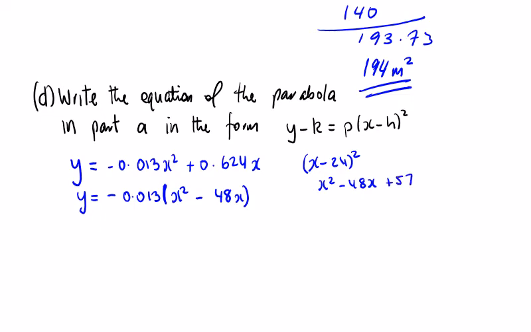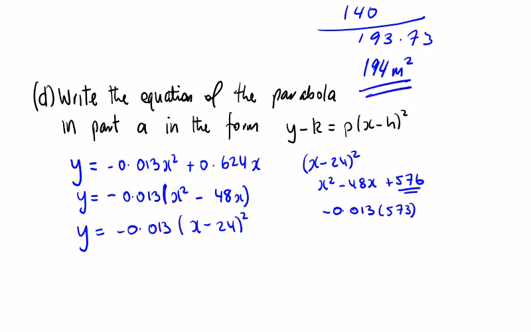plus 576. So we don't want to change our equation's value, so if we say y is equal to minus 0.013 times x minus 24 to be squared, the only thing that's changed is I've brought in a minus 0.013 by this constant here, 576.